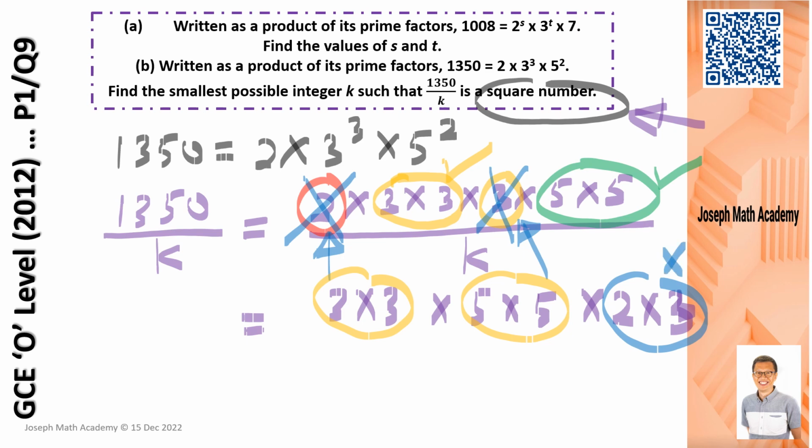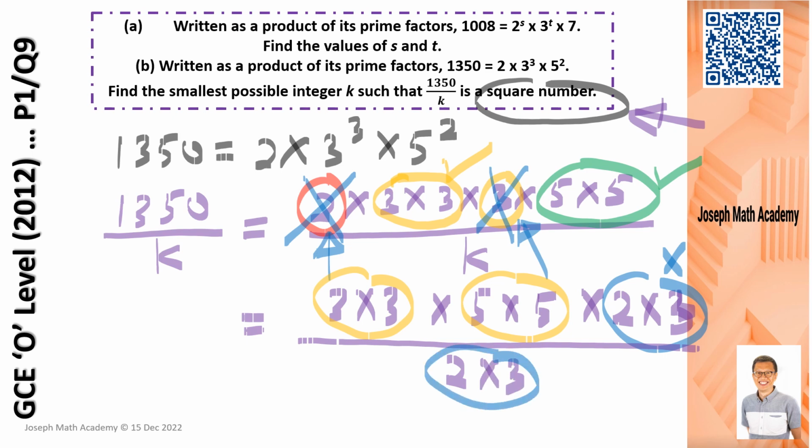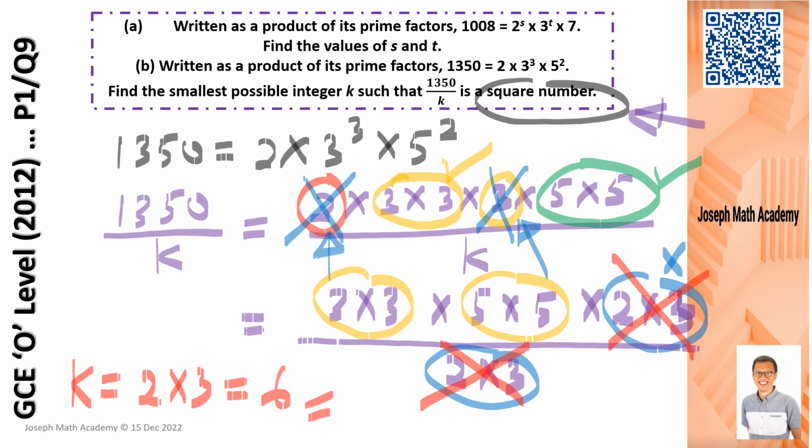The whole thing must be divided by k, so k must be this, so that it cancels out the unwanted part. Then our new expression is a square number. So k is 2 times 3, which is 6. So part A is done.